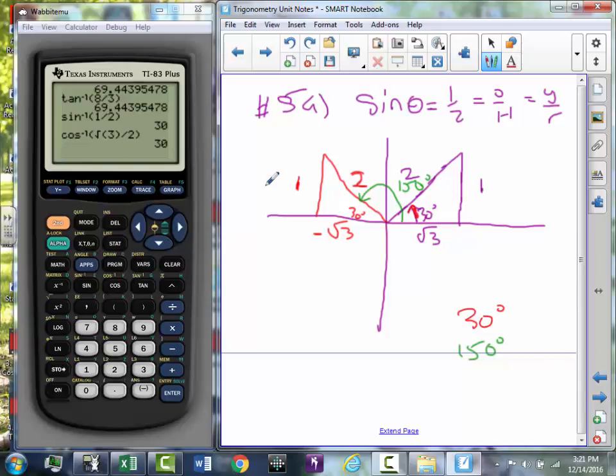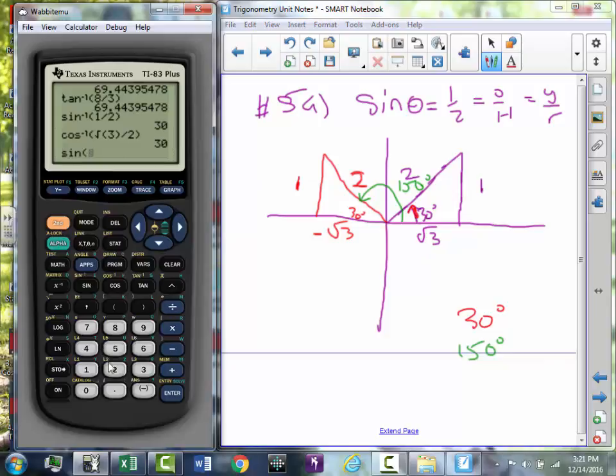Let me show you this in the calculator. If you did sine of 30, it equals 1/2. But if you also did the sine of 150, it also equals 1/2. What makes this frustrating is that when you inverse sine, for example, 0.5, it gives you an answer, but it may not be the answer you were expecting.